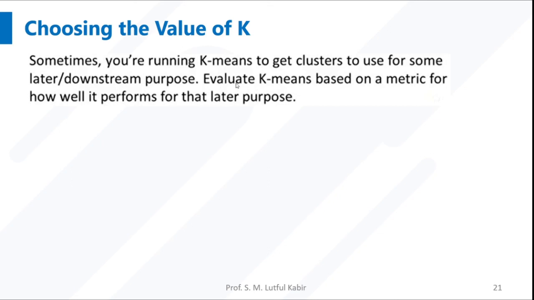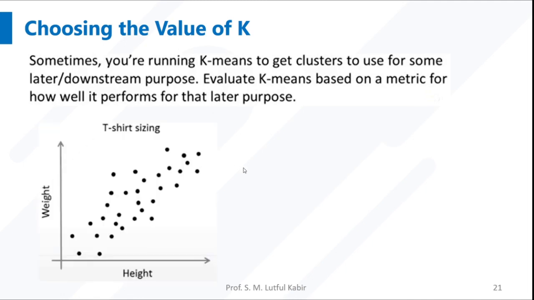But sometimes you are running K-means to get clusters to use for some later or downstream purpose. Evaluate K-means based on a metric for how well it performs for the later purpose. That means for your particular problem, you may have decided the k value on your own. The best example is the t-shirt sizing problem.